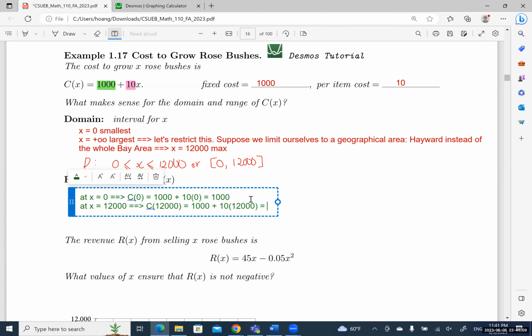And you can calculate that to get 13,000.